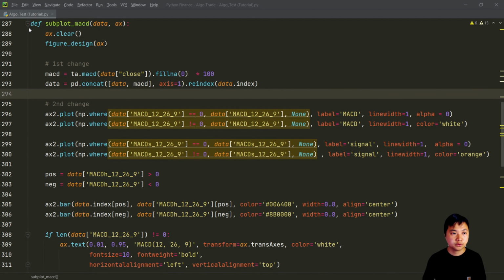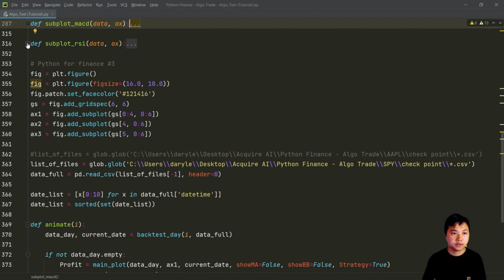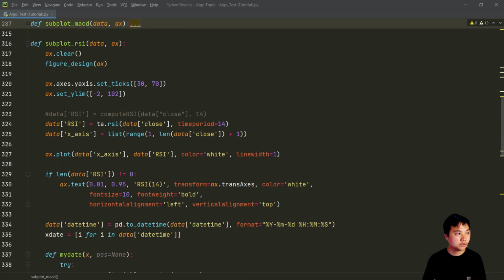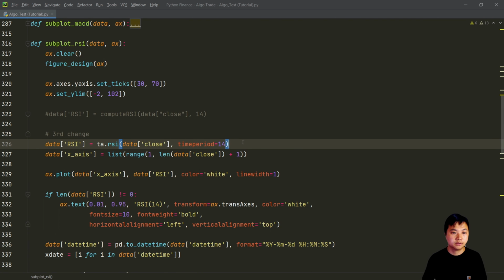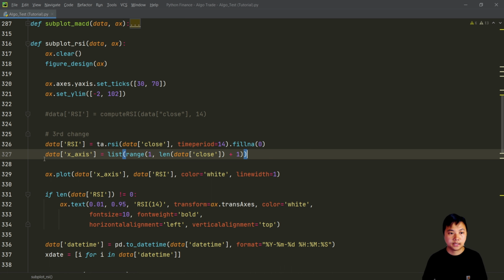Now let's move on to fix the RSI subplot. For the third change over here, I will just fill the NaN with 0.